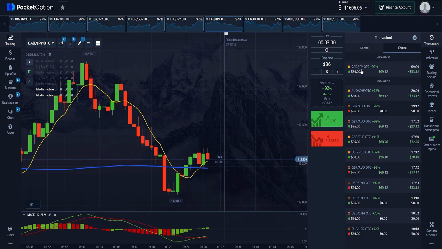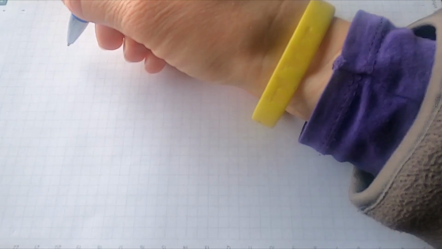The operation was successful. Now you know how to customize your platform according to the instructions of the new strategies.